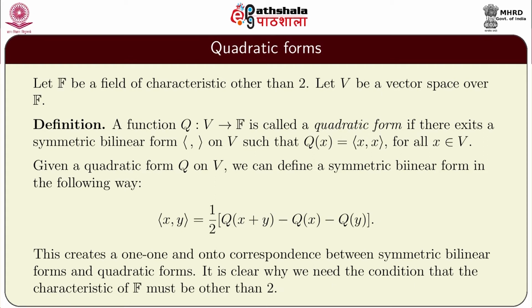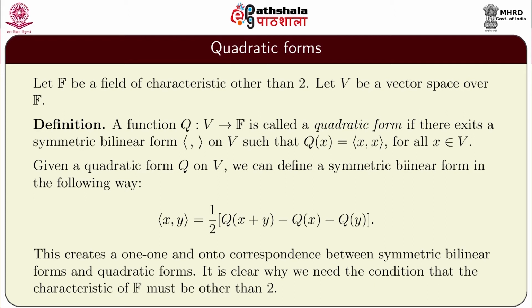Now, look at that half there, which is nothing but the inverse of the element 2 in the base field F, and it is possible because the characteristic of the field is not 2. We are making an explicit use of that assumption that characteristic of the base field is not 2.